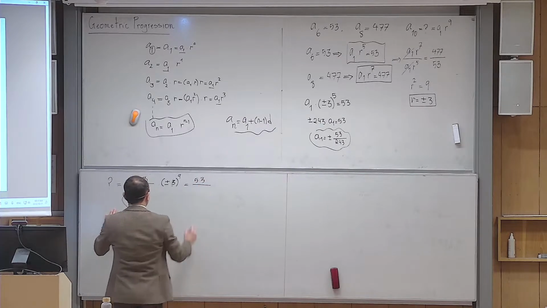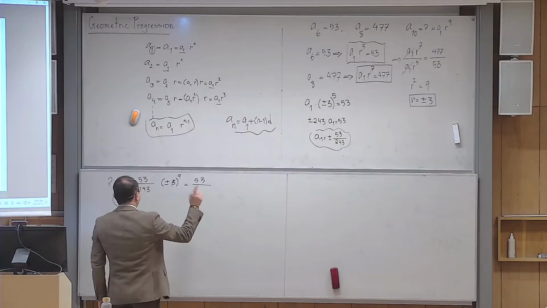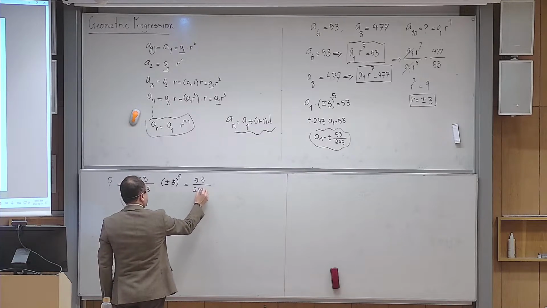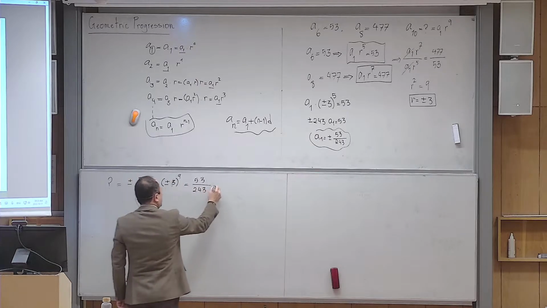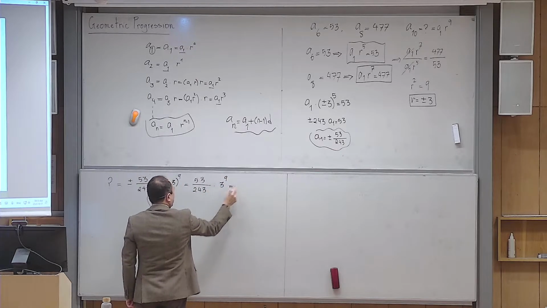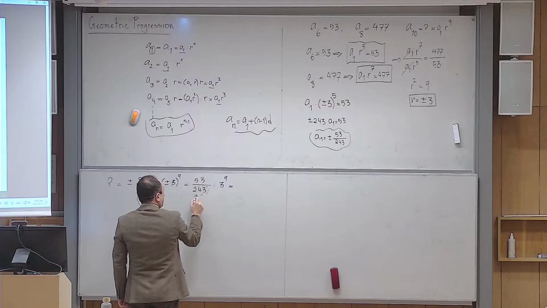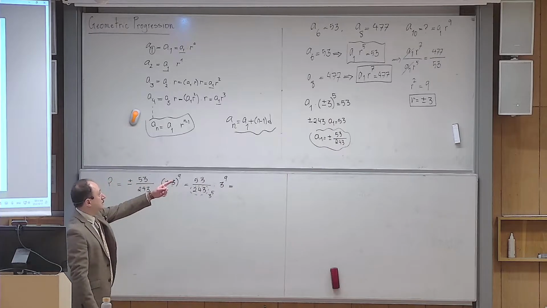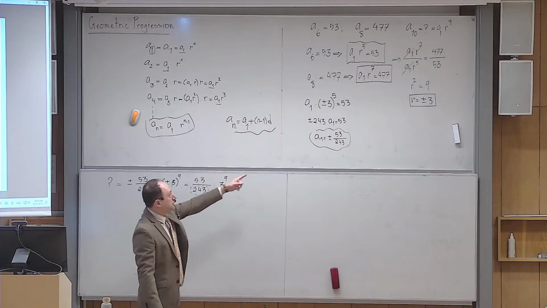53 divided by that number is a very, let us see. Yeah, might be not that strange. So that is this number, and then 3 to the power of 9. Okay, do you remember what was this? This was 3 to power 5. Yes? When I was calculating, I raised 3 to power 5, I get that number.